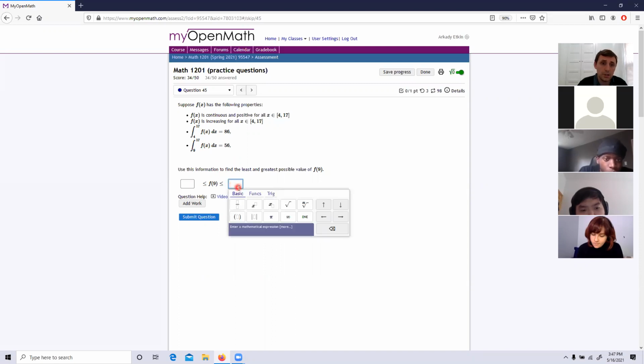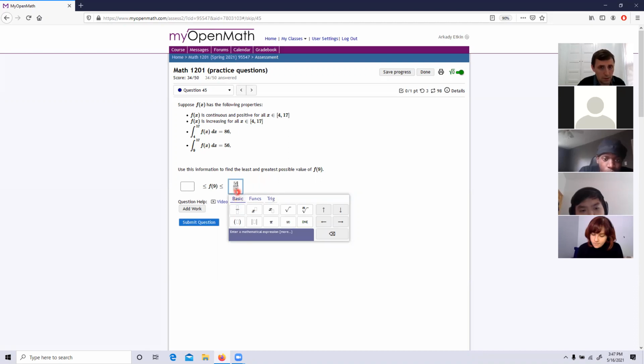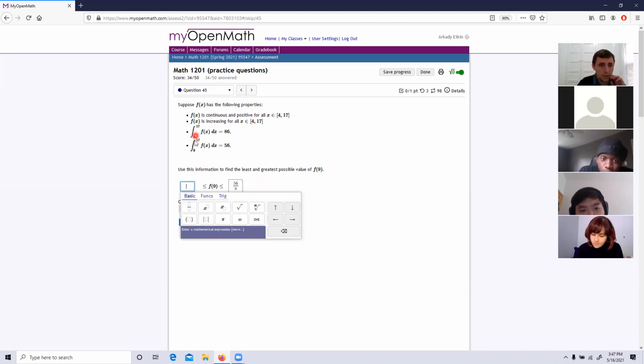So this number I would write as 56 divided by 8. And here, as an upper estimate, I just can take 86, subtract, so it's at 9.